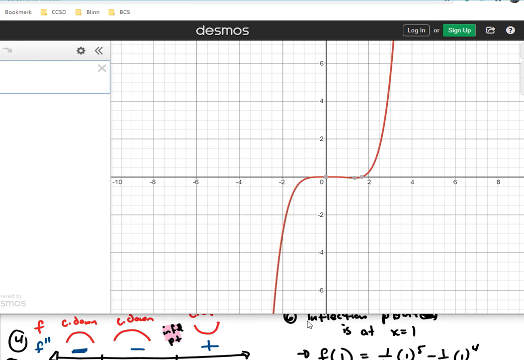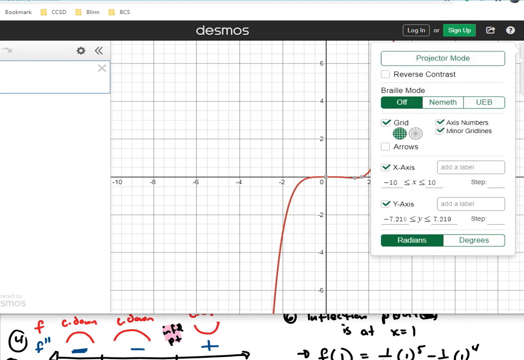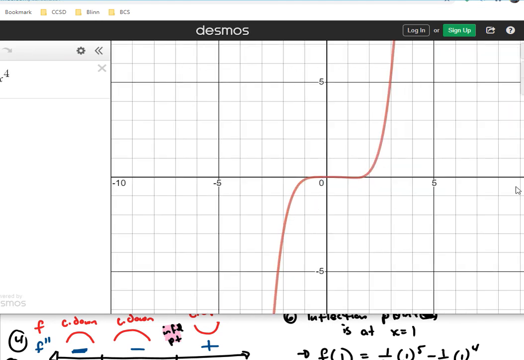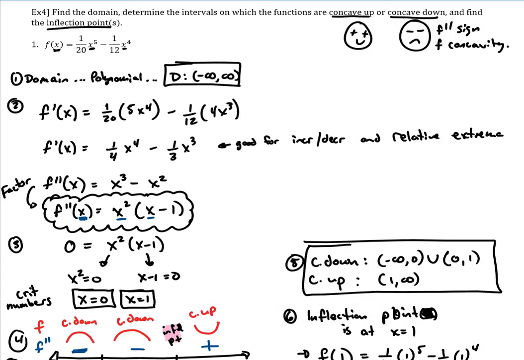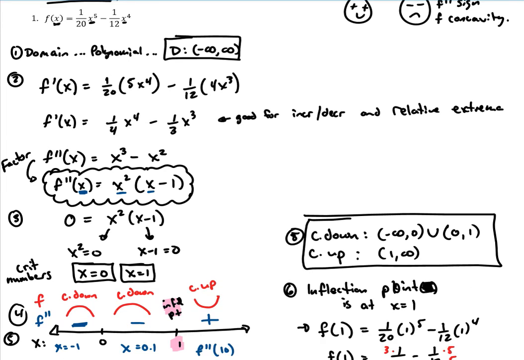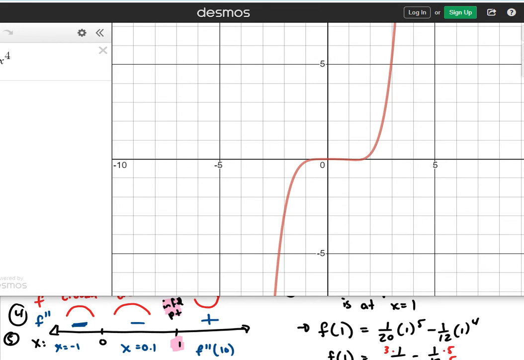Okay, and then I want to check with my concavity statement. Let me make it a little bolder. Let me scroll up just a little bit. So here was our number line. Let me try to get that in view with the calculator.